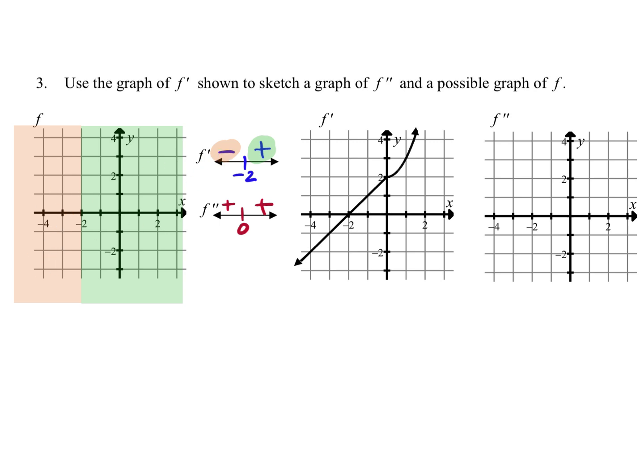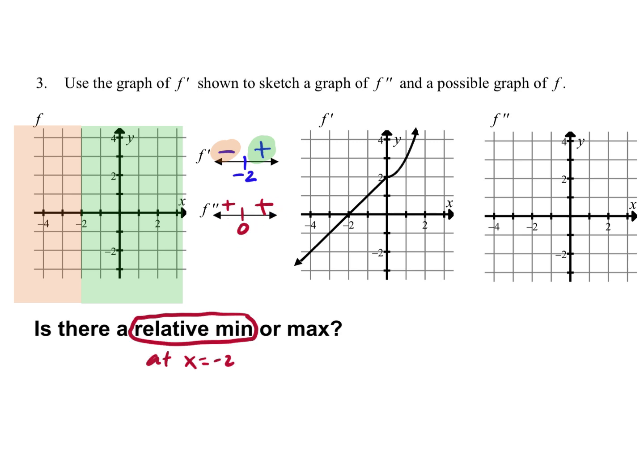Okay, so however you want to separate those sections of your graph is up to you. Okay, that's how I'm going to do it. Now, the other thing that we have here, and I asked about this, is there a relative min or max? Is this telling me I have a minimum or a maximum? Min. What's another way that I can tell for sure? The second derivative. Second derivative test, okay, is always positive. So I'm definitely going to have a minimum at x equals negative 2. Okay.